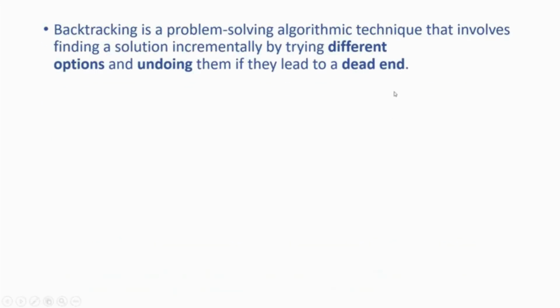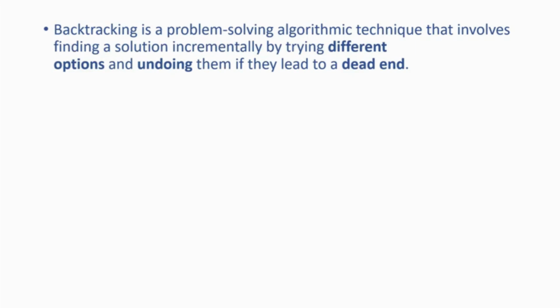Here we first discuss that backtracking is a problem-solving algorithmic technique that involves finding a solution incrementally by trying different options and undoing them if they lead to a dead end. When we use backtracking, we usually reach a dead end, and when we reach the goal, we can easily backtrack.